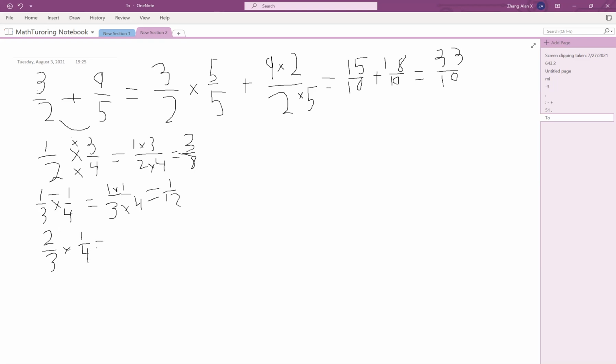We could do it this way. 2 times 1 over 3 times 4 gets you 2/12.